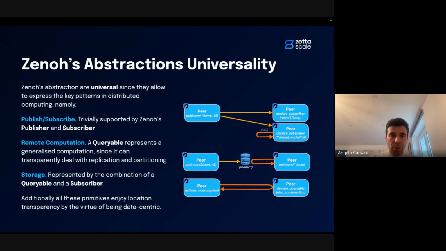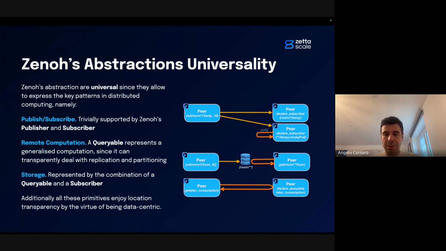Okay, so last point. Zenoh provides abstractions that are universal in distributed systems, because usually when you build a distributed system, you need pub/sub, you need remote computation, and you need storages. And Zenoh gives you all of that. Publish/subscribe is supported in a native manner, remote computation can be represented as a queryable, and storages in Zenoh are represented just by the conjunction of a queryable and a subscriber.